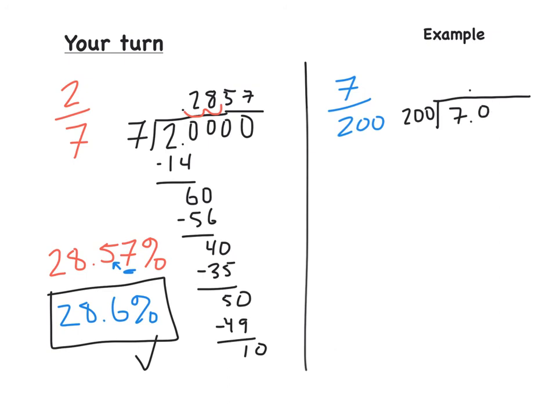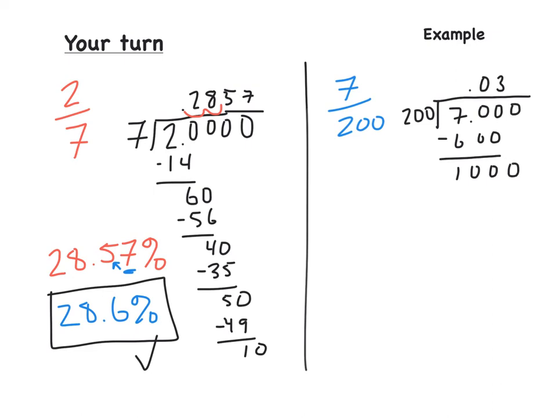We know it can't go into 70. So let's first just add a 0 right here. Make sure that we keep our placement. Can 200 go into 700? Yes, it can. It can go into it 3 times with 600. So 700 minus 600 is 100. Add a 0. Drop it down.